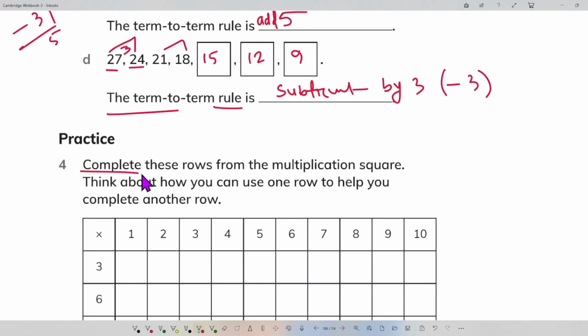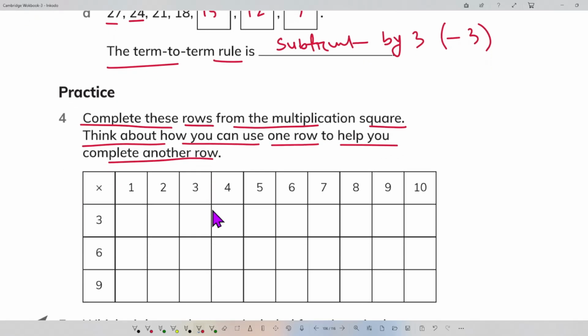Practice: complete these rows from the multiplication square. Think about how you can use one row to help you complete another row. This one is very simple. If we consider the 3 times table, so 3, then 6, 9, 12, because 3 times 1 is 3, 3 times 2 is 6, 3 times 3 is 9. Similarly 15, 18, 21, 24, 27, and finally 30.